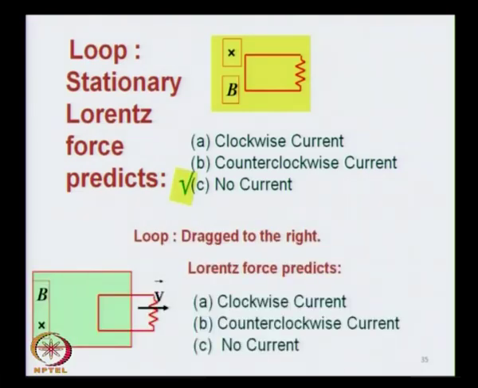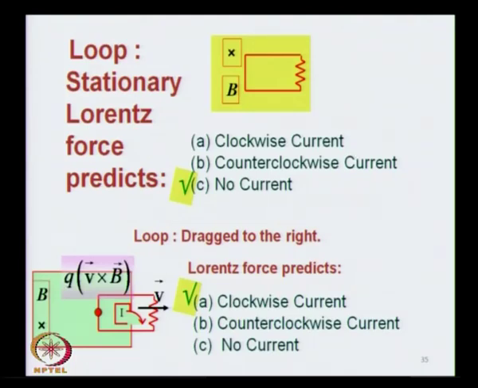So, this is the origin of the influence you have generated. You can say it is due to some electromotive force which is making it move. So, now you will have a clockwise current if you physically drag this loop to the right.